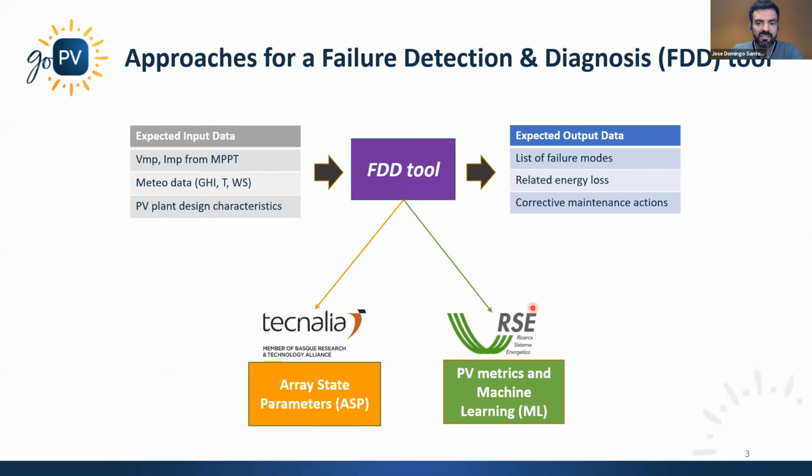So our main objective is the development of a software tool that takes as input SCADA data and provides us with a list of possible failure modes. Two different approaches have been followed. The TECNALIA approach is based on the array state parameters, and the RSE approach is based on PV metrics and machine learning.